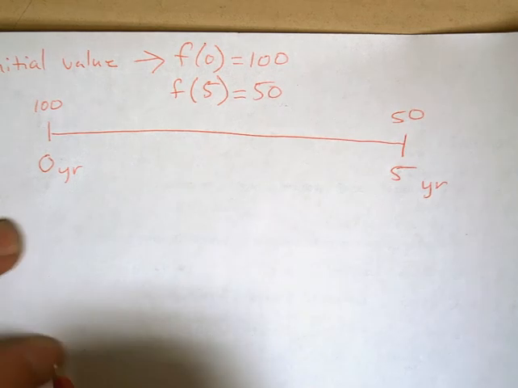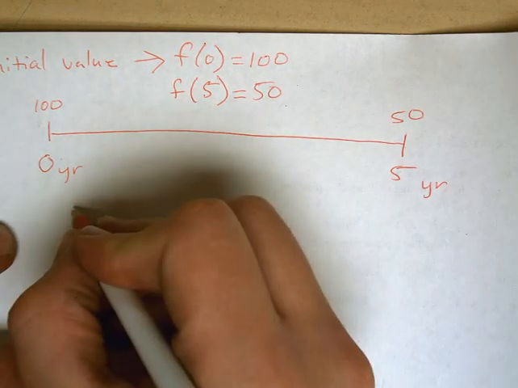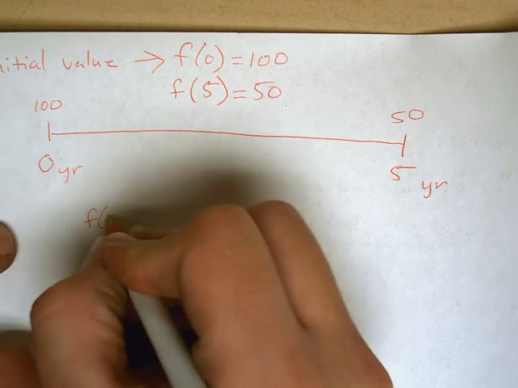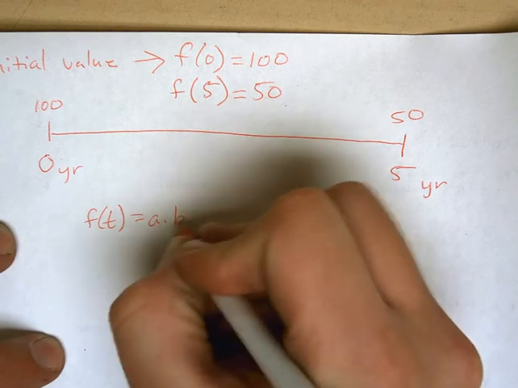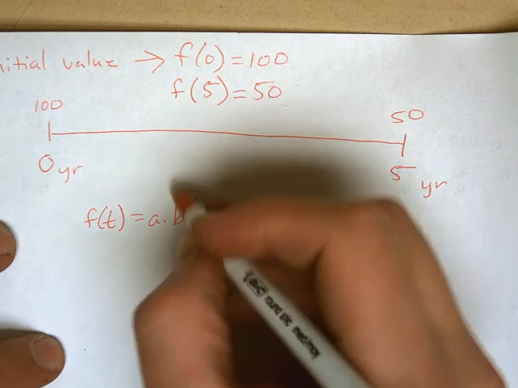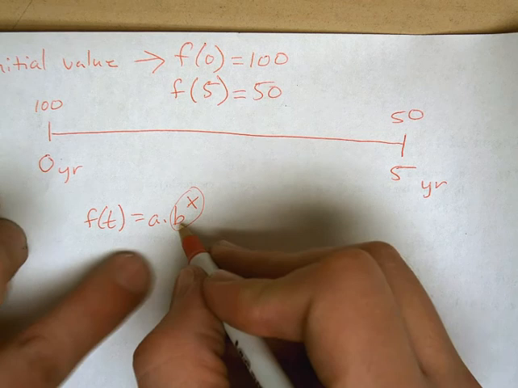So we're talking about, since they showed us in the equation km to the t, but I'm going to say it's really f of t equals a times b to the x power. So remember, this is mommy multiplier right here. So we know that's the multiplier.